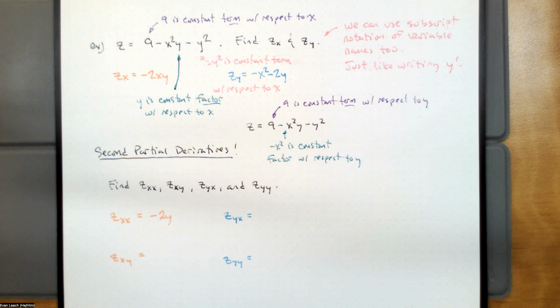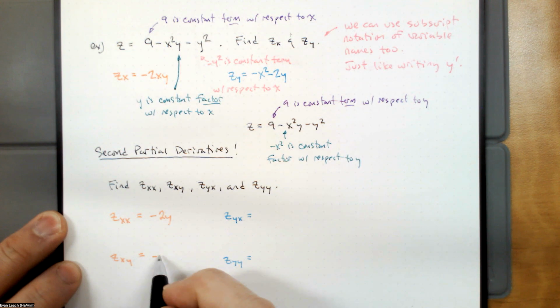Negative 2x. X is a constant factor because we're starting off with zx. Now y is the variable. So -2 is a constant factor, x is a constant factor, the derivative of y is 1. So we get -2x.